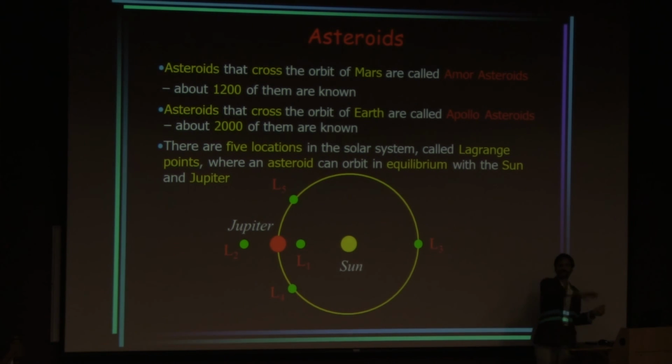Just because here's Mars's orbit, and here's an Amor asteroid, it could cross the orbit of Mars, but maybe Mars isn't there when it crosses. So you're not necessarily going to get a collision. Just like with the Apollo asteroids, they're not necessarily going to hit the Earth. They have to still be in the same place at the same time, right? And for example, the asteroid that caused the extinction of the dinosaurs hundreds of millions of years ago was an Apollo asteroid.